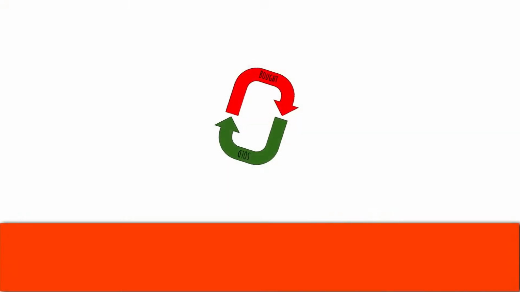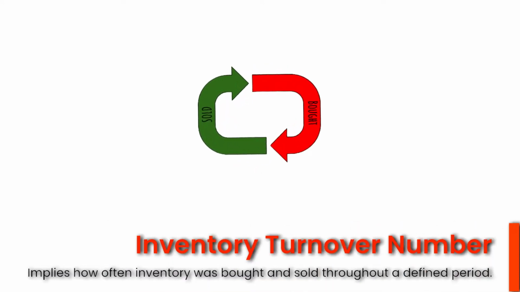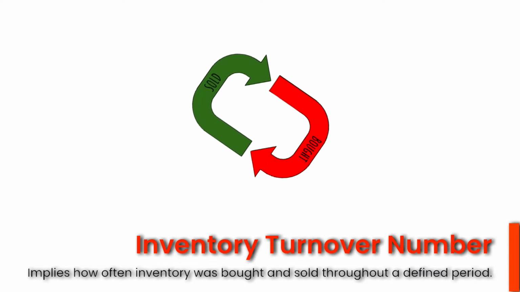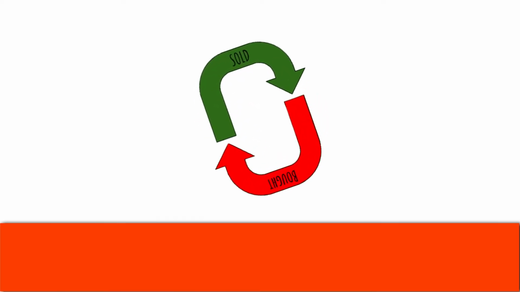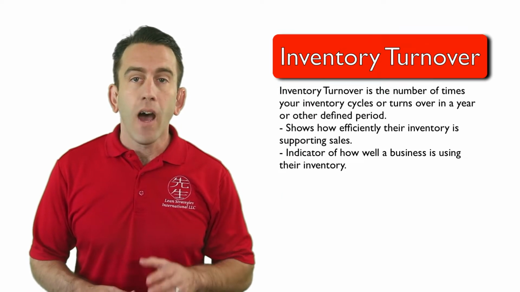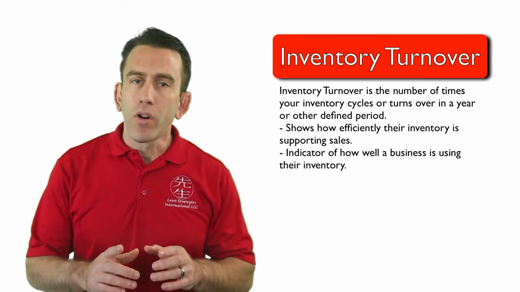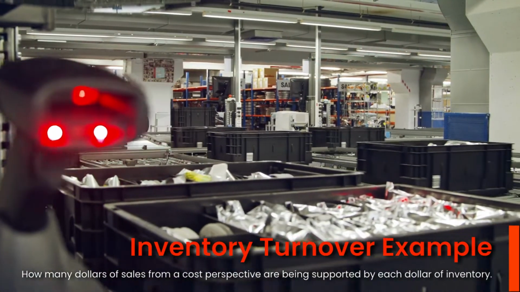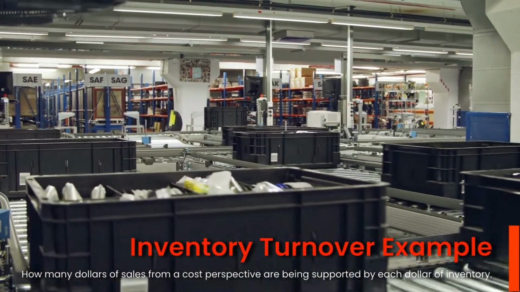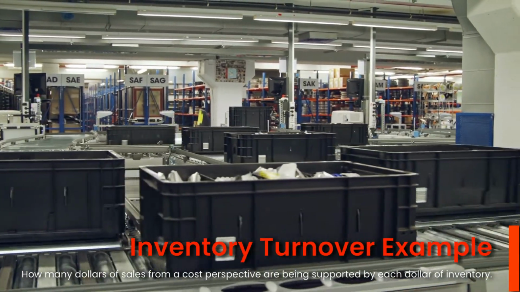The inventory turnover number implies how often inventory was bought and sold throughout a defined period. Put another way, inventory turnover is an indicator of how well a business is using their inventory. For example, how many dollars of sales from a cost perspective are being supported by each dollar of inventory.